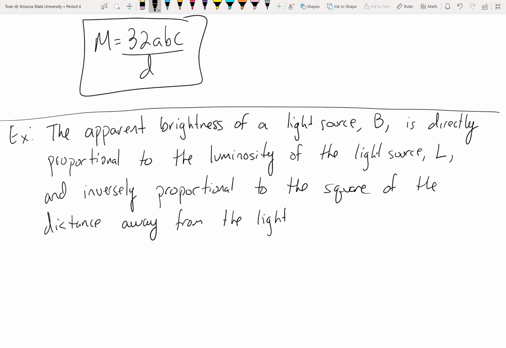Gee whiz, I wonder what variable we should use for that. What variable should we use for the distance away? D. Yeah. You can use W. There's no law against it. I'll use D.